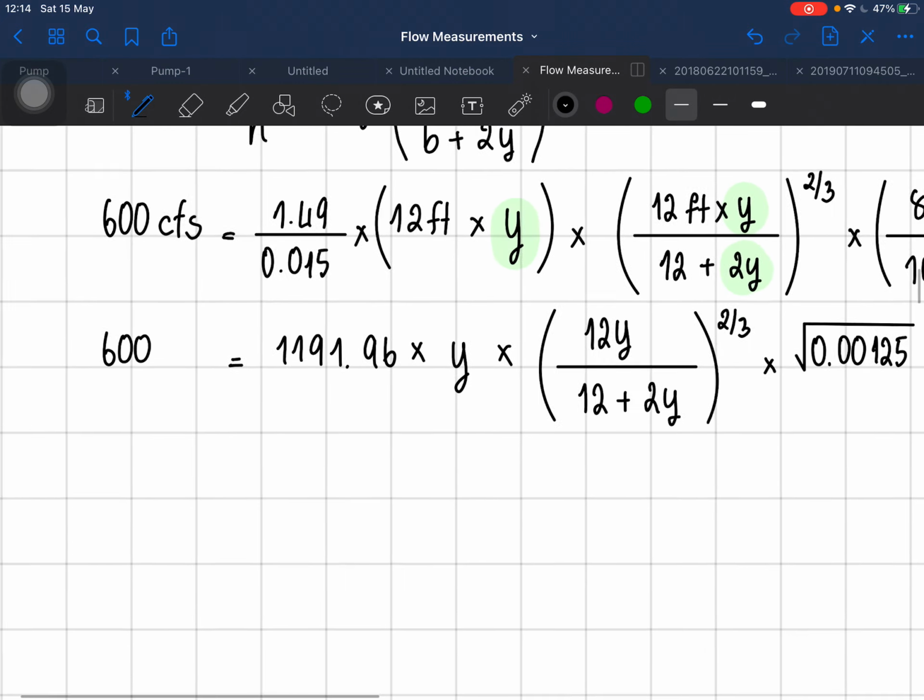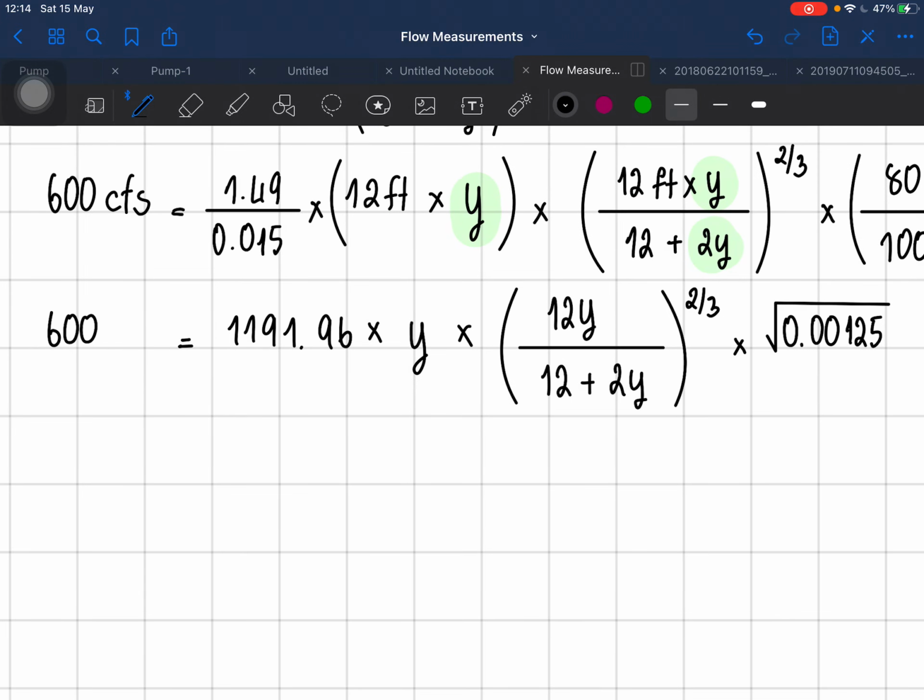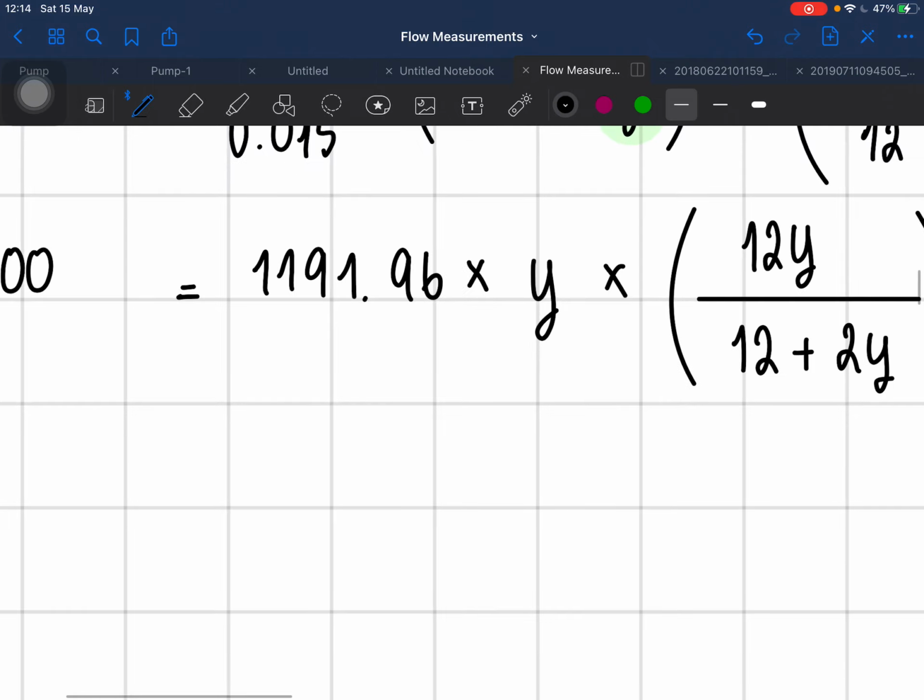Okay, so I'll do anything that is as much as possible. 91.96 times 12 to the power of 2 over 3 times the square root of 0.00125. The answer here is 220.887.